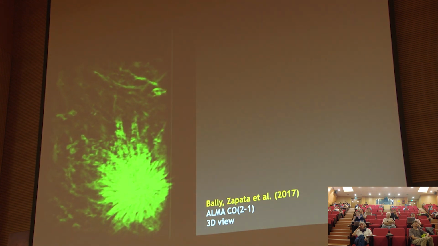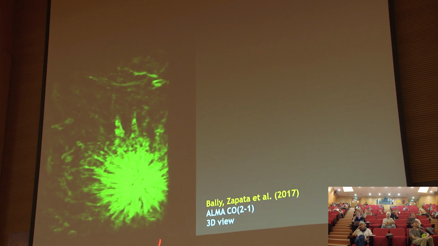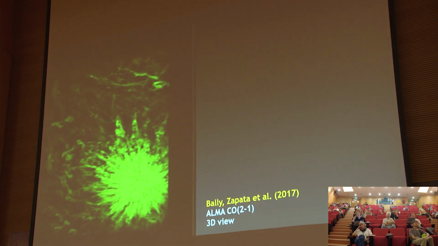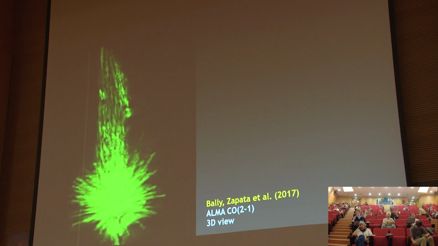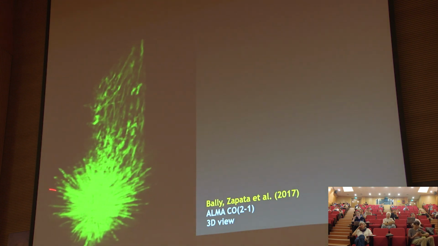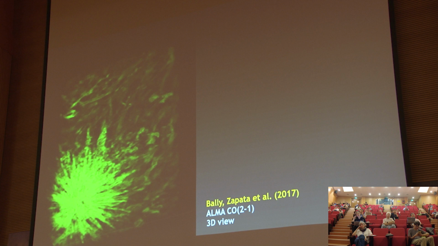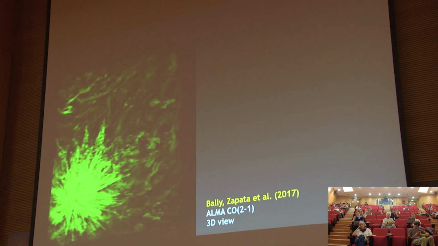In the middle is the cloud velocity, and if you go away from this cloud velocity, you see higher velocities, and you see the filaments pointing to a single position. That was also a really nice thing.